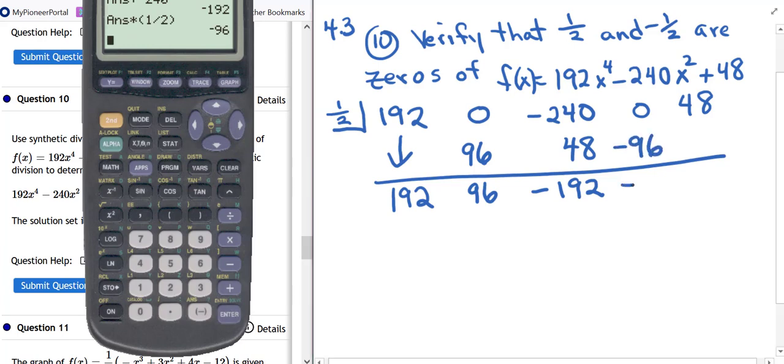Plus 0 is -96, times 1/2 should give us -48. And this gives us 0. That verifies that 1/2 is a 0 of this polynomial, an x-intercept.